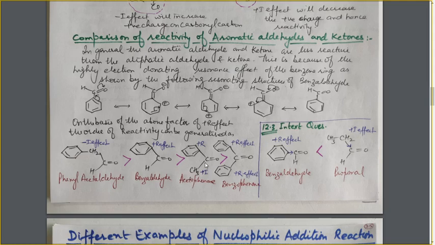Then acetophenone, where there is a CH3 group or aceto group on the benzene ring, and in the case of benzophenone, there is a benzoyl group on the benzene ring. So this is the order of reactivity.